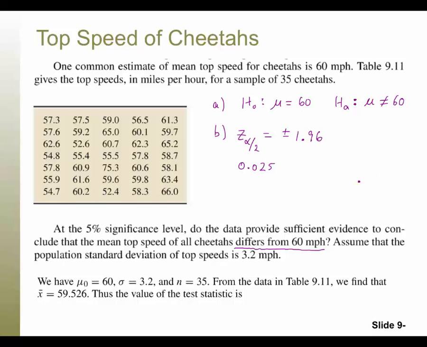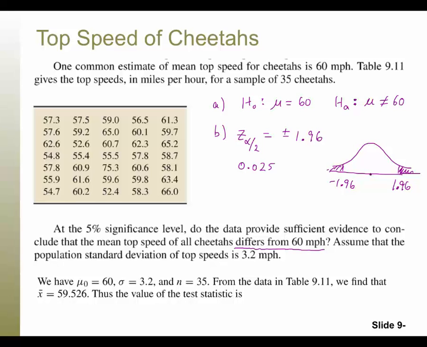Okay, so that sets off our rejection regions. If our z-score for this sample is less than negative 1.96, we're going to reject. And if it's greater than positive 1.96, we reject. What do these numbers, negative 1.96 and 1.96, mean?